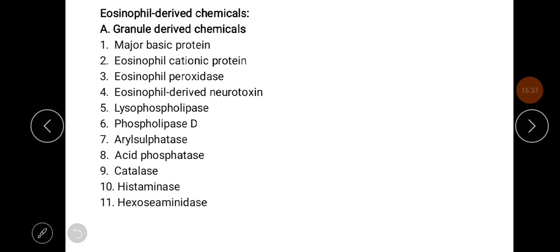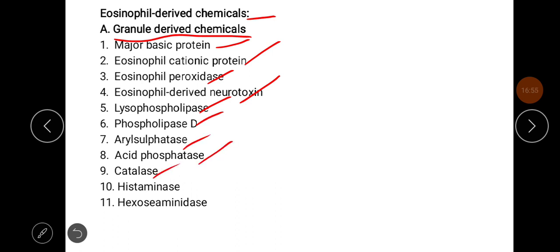So these are some of the eosinophil derived chemicals. These are granule derived chemicals like major basic proteins, eosinophil cationic protein, eosinophil peroxidase, eosinophil derived neurotoxin, lysophospholipase, phospholipase D, aryl sulfatase, acid phosphatase, catalase, histaminase, hexosaminidase.